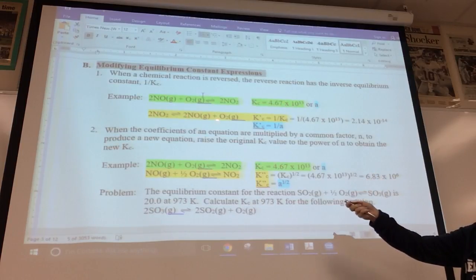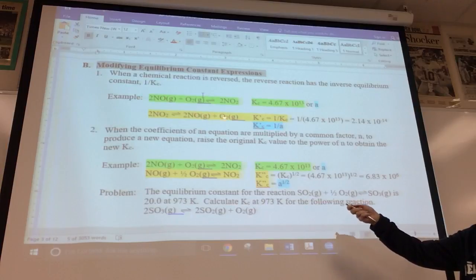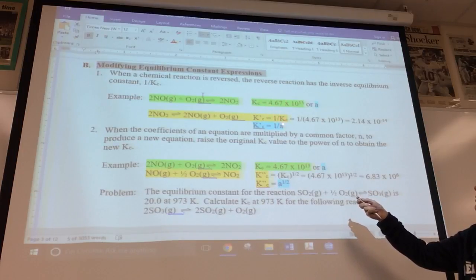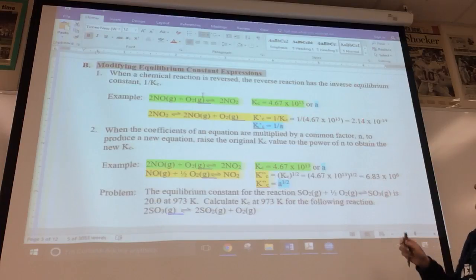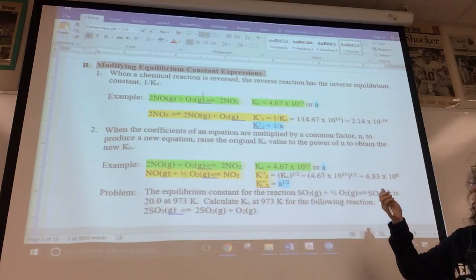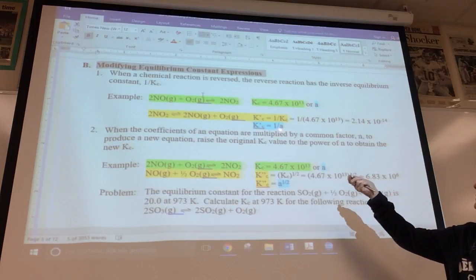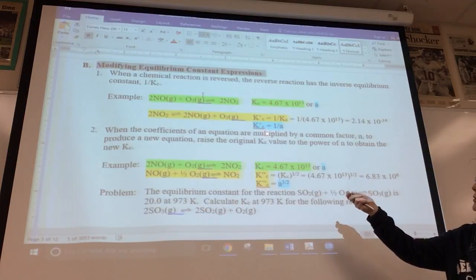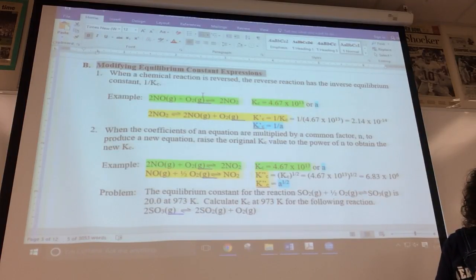If you look at the reverse reaction where nitrogen dioxide is the reactant and these two substances are the product, when you want to know its Kc, you simply take the inverse or the reciprocal of what you started with, and you could calculate that out. Now without a calculator, you might be dealing with letters. So if this is A, this is 1 over A. So when you reverse the order, you simply take the reciprocal.